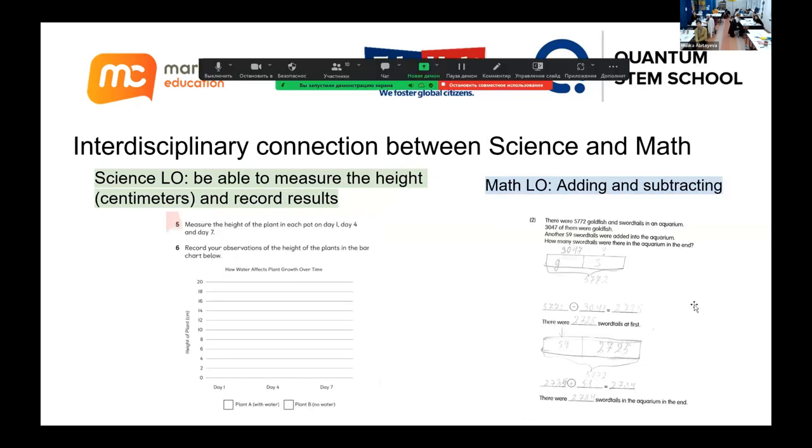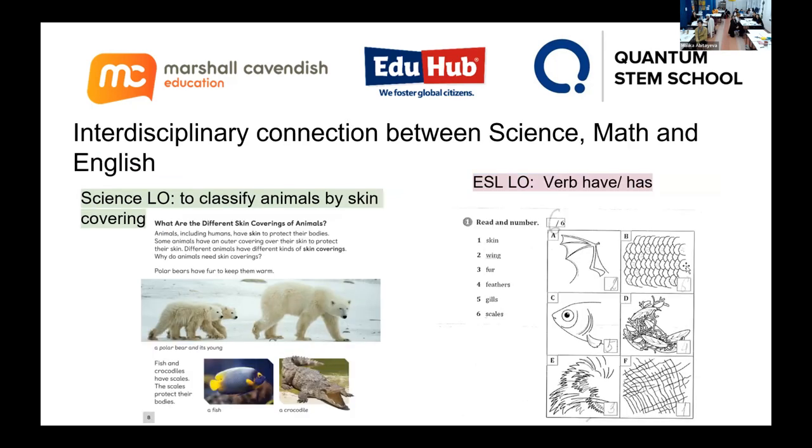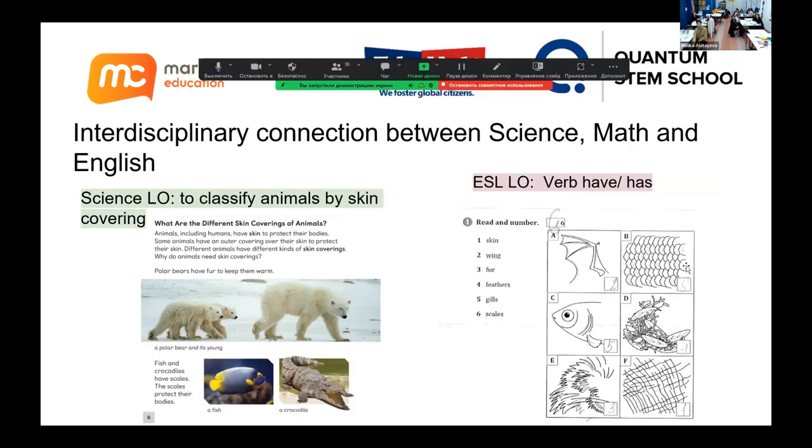Another example is interconnection between science and math, because when we observe and record results, we have to measure the height, centimeters, deciliters, the numbers, because we have to record the results. And of course, they remember how to do it from math lessons, right? How to measure, use different units of measurements. Another good example is skin coverings.